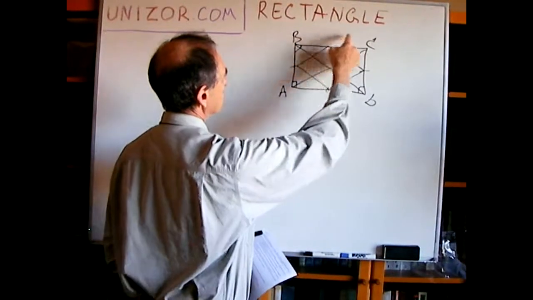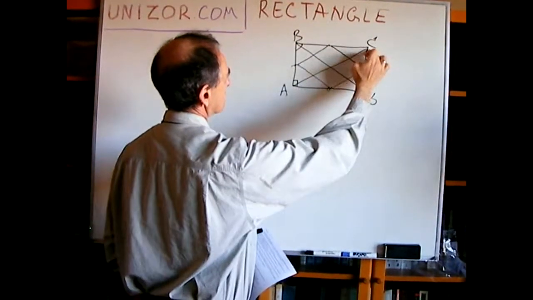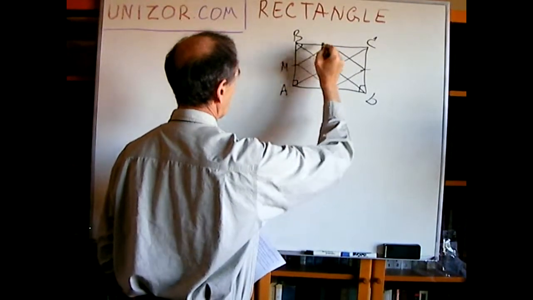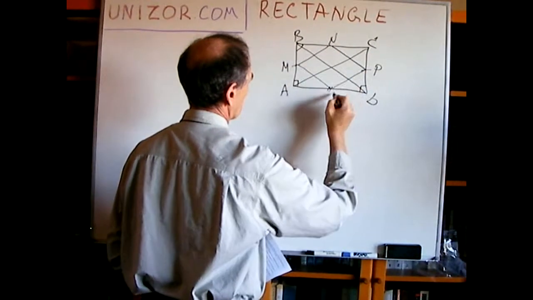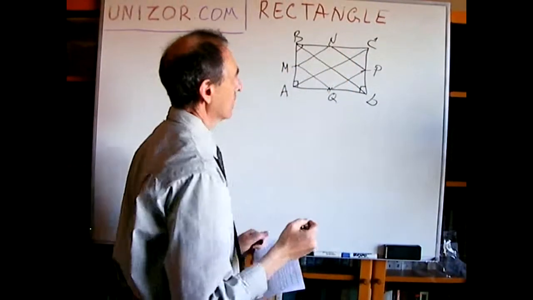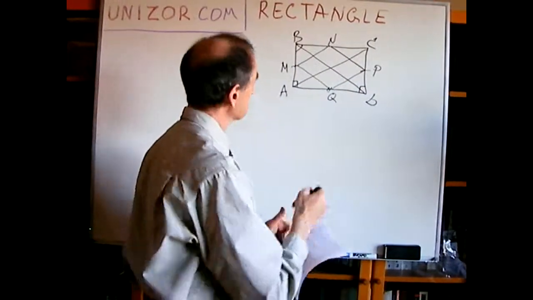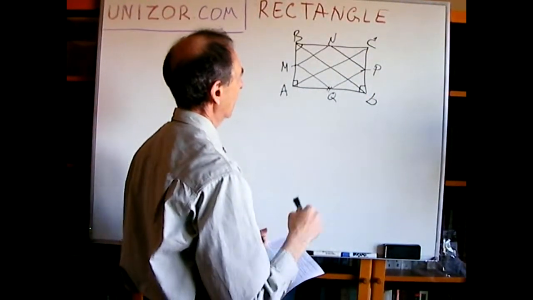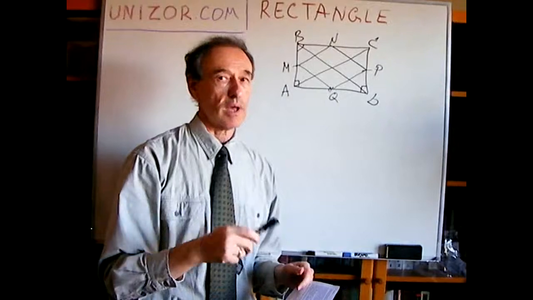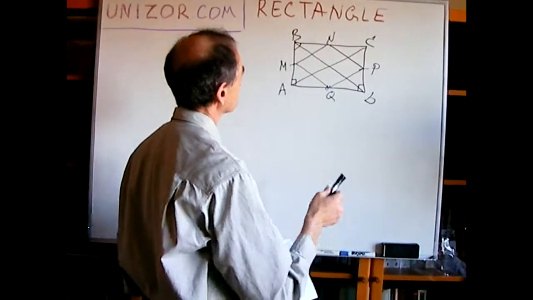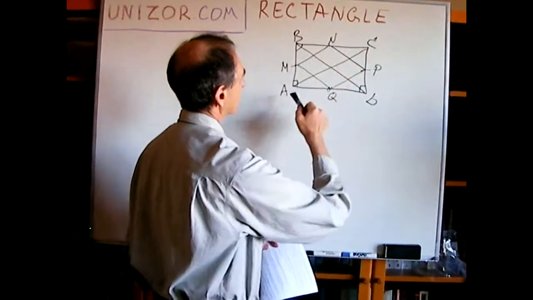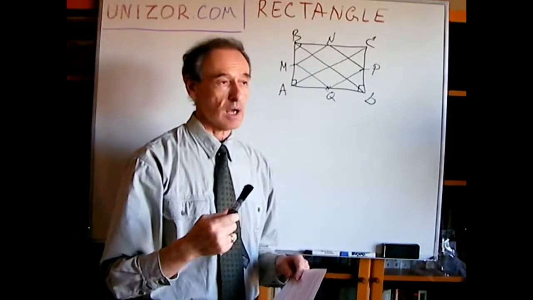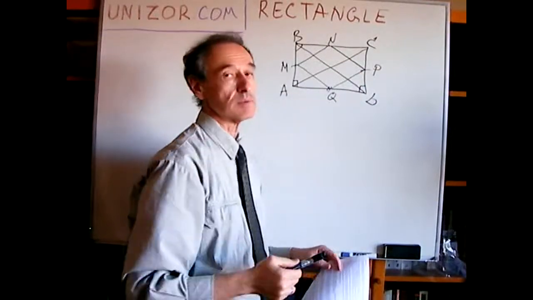Consider triangle ABC. AC is the base, and MN is a midsegment because it connects two midpoints of two sides, AB and BC. And we know from the theory of triangles and parallel lines that segment MN is parallel to AC and equal in size to half of AC.